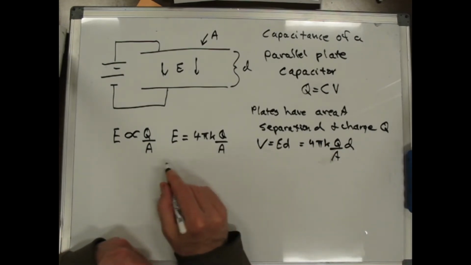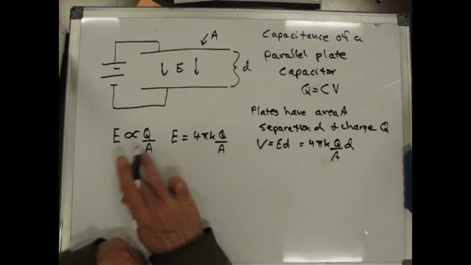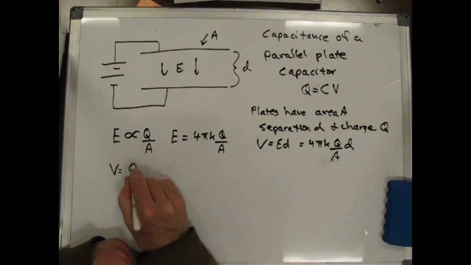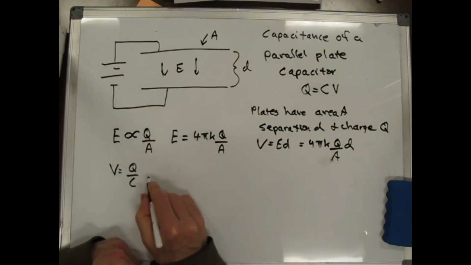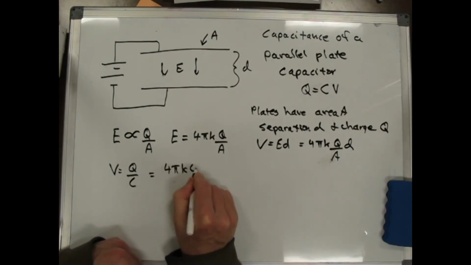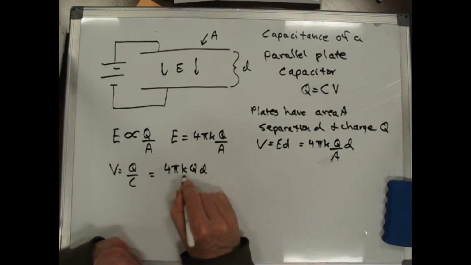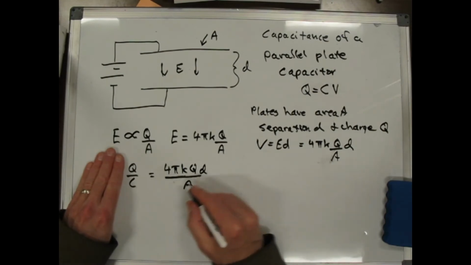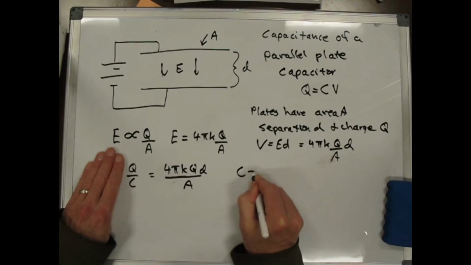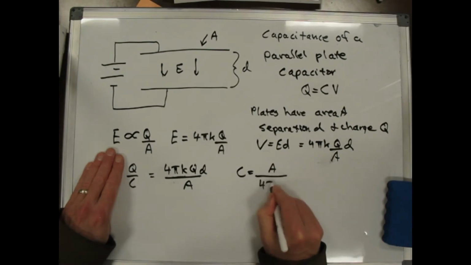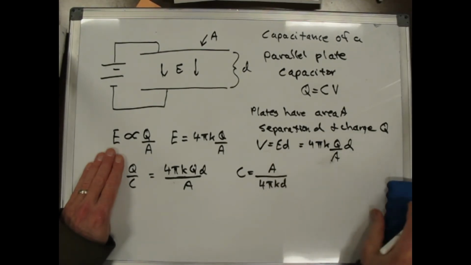But if you remember, we said V, the electric potential, is Q over C. Well, that's just equal to 4 pi k Q times D over the area. So if you just look at this piece, you can cancel the Q's and rearrange the equations, and you get capacitance is equal to the area over 4 pi k times the plate separation.